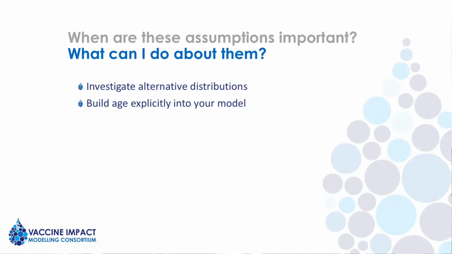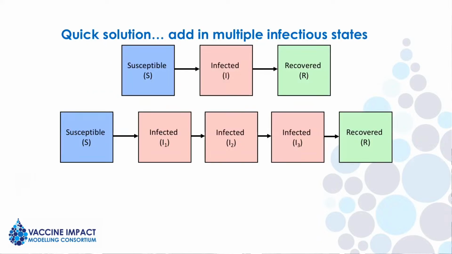So what can we do about them? We can do things like look at different distributions, so going back to the recovery rate, and for the age-dependent stuff, we can add age into the modelling. So, exploring different distributions. You're going to look at this a bit.